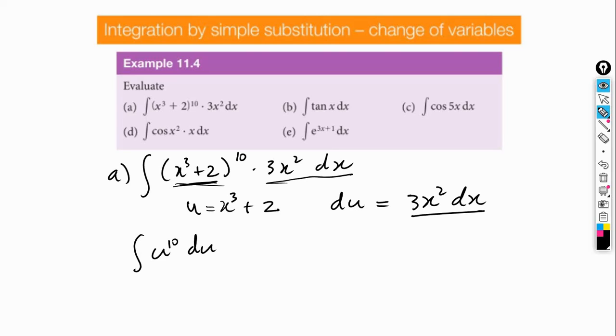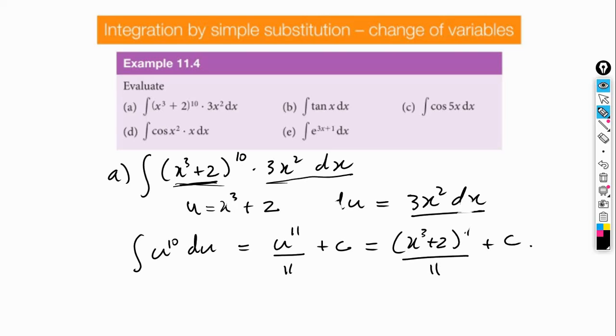This is a very simple integral to solve because this is simply going to be u to the 11 over 11 plus c. But they didn't ask us to solve this in terms of u, so we have to substitute back. So this is going to equal (x cubed plus 2) to the power of 11 over 11 plus c.